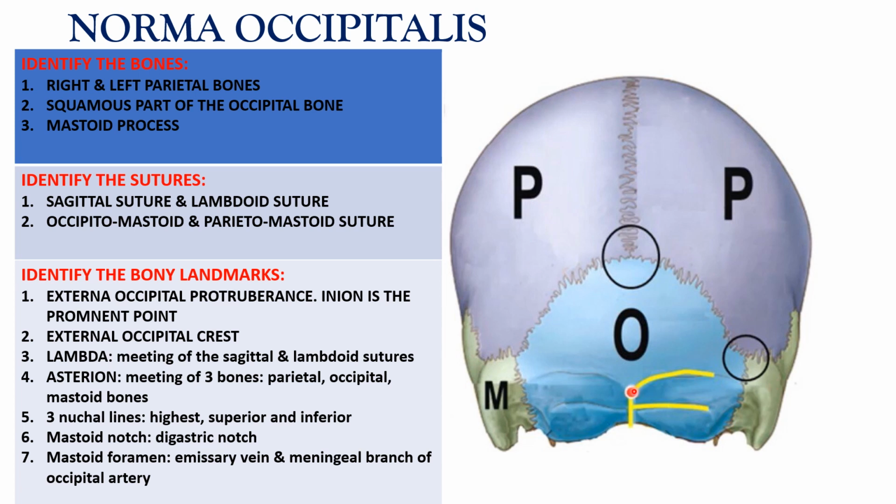We said the inion is the prominent point. Then we looked at the external occipital crest, just going down. Then we looked at the nuchal lines: this is the superior, this is the inferior. Then we said there's a very small foramen here called the mastoid foramen, which transmits the emissary vein and the middle meningeal branch of the occipital artery.